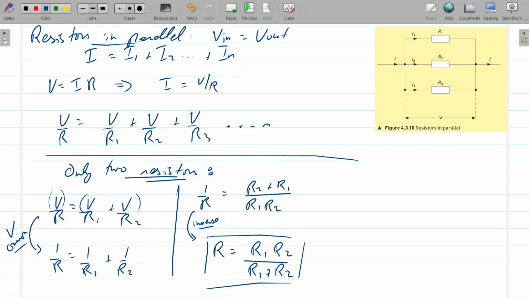And that's how you figure out the total resistance in a circuit in parallel, right? So R total equals the product of resistances, so that's multiplication, over the sum of resistances. Make sense?